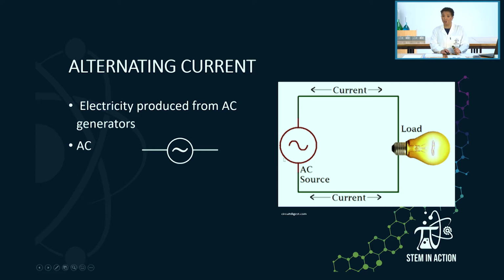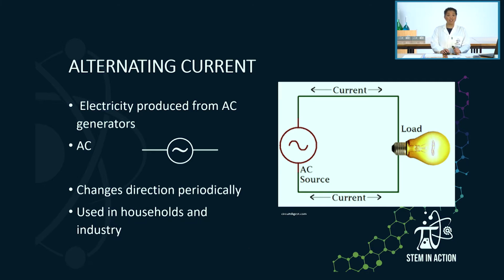Very different from a direct current symbol. This symbol also indicates the sine graph, and that reminds us that the direction of the current changes periodically, in fact every 180 degrees. That's why we are calling it alternating current and not direct current.